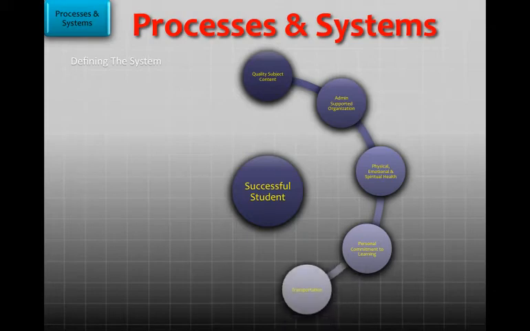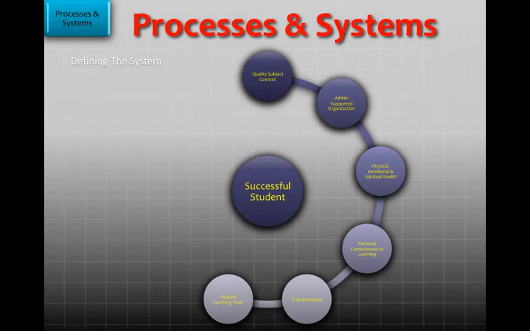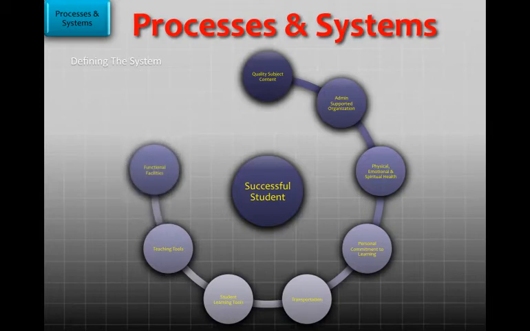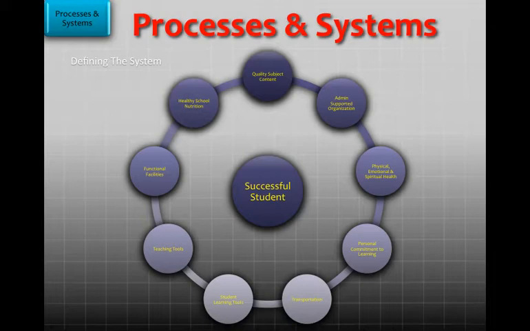There's a personal commitment from the student to learn, transportation to get from point A to B, a set of learning tools in a toolkit that helps them progress personally, and instructors that are there to help them with particular teaching tools that are beneficial. Functional facilities make sure that they can get the type of support they need. And then last but not least, the person has to be strong enough to work their way through and into the system. So in this case, this is an example of how we might define a system for that same successful student.